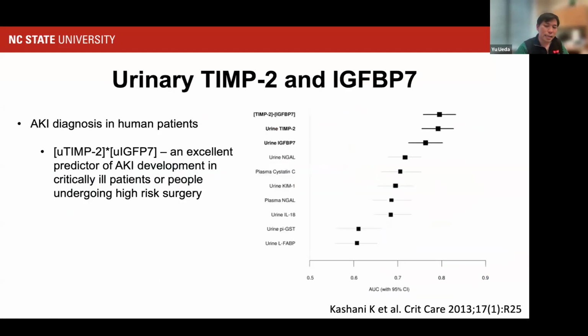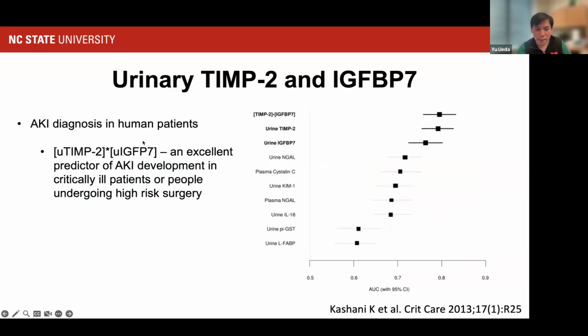And these TIMP2 and IGF-BP7 have been investigated in human patients for the last maybe 10 years, or maybe over 10 years. And this is one of the first papers published, and they looked at these two stress markers, and especially the product of these two markers, so urinary TIMP2 and urinary IGF-BP7 product.